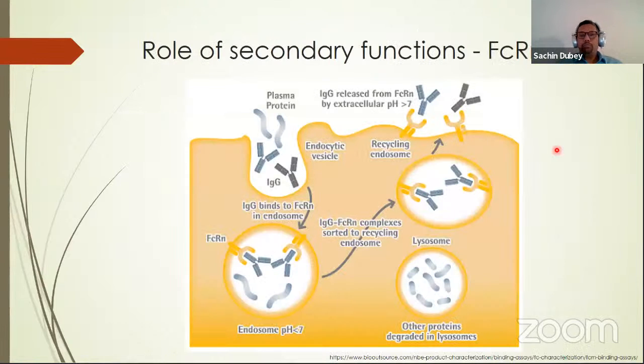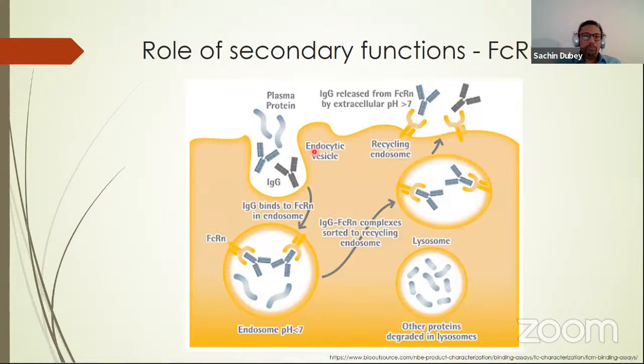Yet another very important aspect of monoclonal antibody is recycling, and this recycling happens through FcRn functions. FcRn is a neonatal receptor which is present on the cell membrane, and antibodies, IgGs, are characterized to bind to those FcRn receptors.